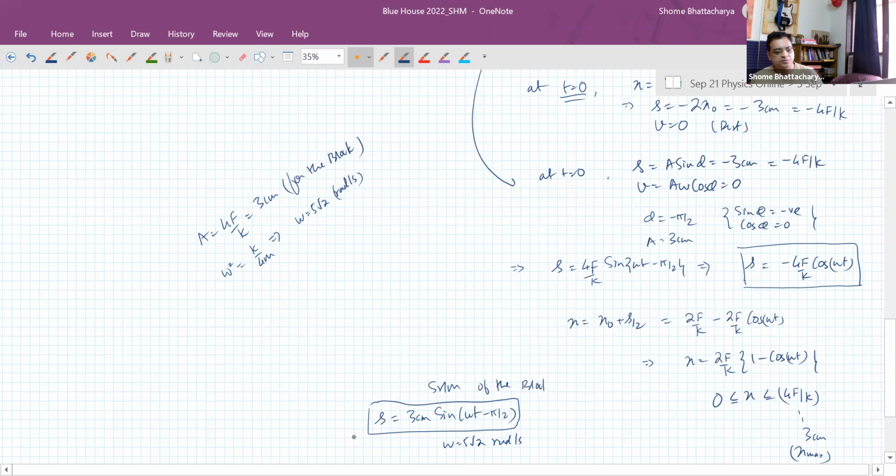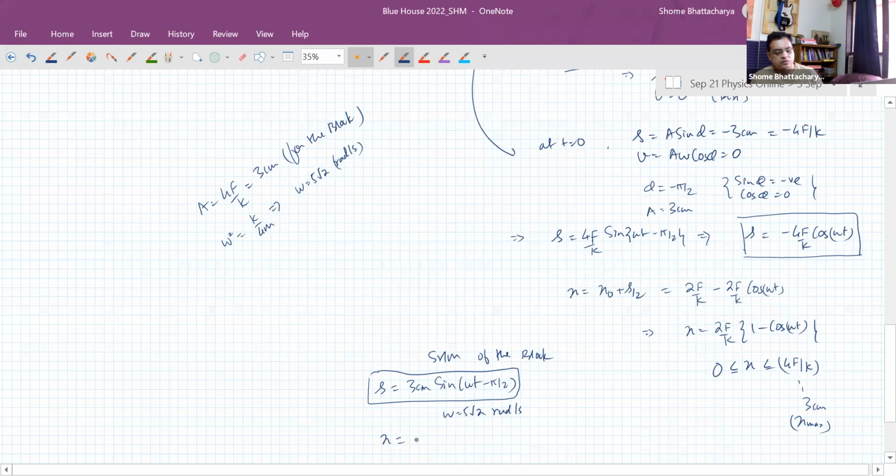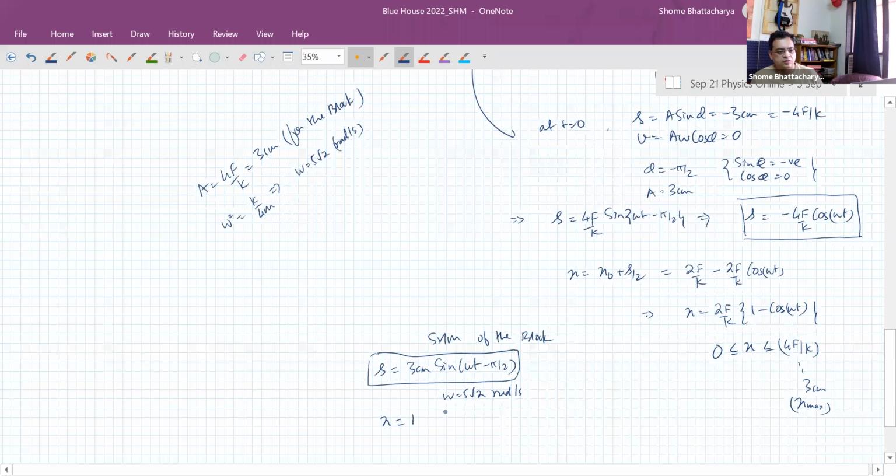And the extension of the spring as a function of time will become 1.5 centimeters into 1 minus cos omega t. So hope all aspects of this question are clear.